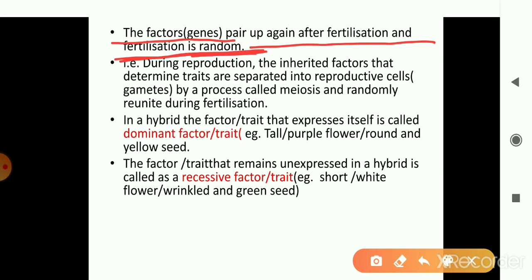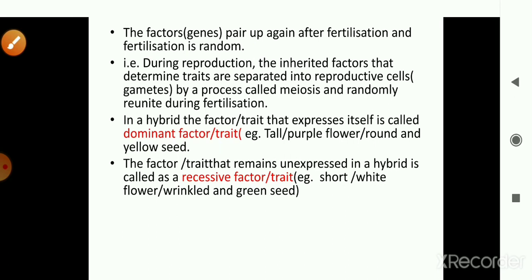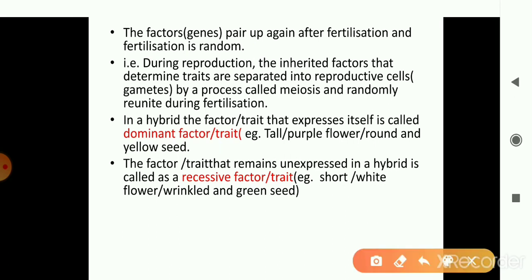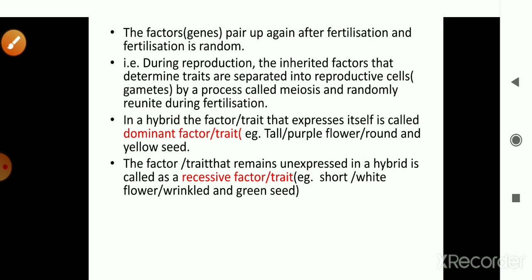So this is the conclusion that he made. During reproduction, the inherited factors that determine the traits get separated when gametes are formed, and they pair up again during fertilization, and both the separation and the re-pairing are random. So there is reshuffling of genes during gamete formation and during fertilization.